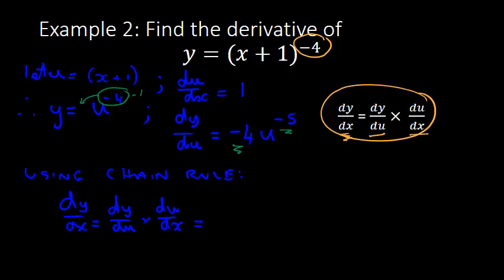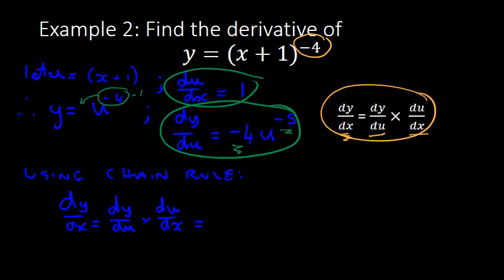So we go back to our two significant results and put them into the equation. dy du is negative 4u to the power of negative 5, and we multiply that by the du dx, which is 1. The 1 is very convenient, we get negative 4 outside of u, which is x plus 1, to the power of minus 5.